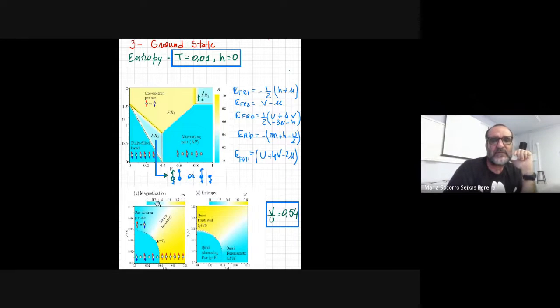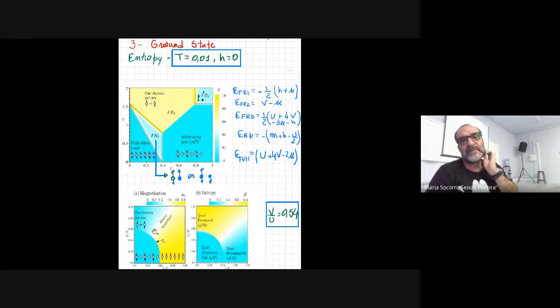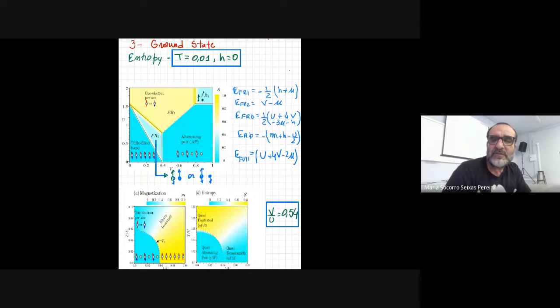And here we plot the magnetization and entropy, in this case, using the half-filling band. With it, we look at this line, and this line is associated with the pseudo transition.